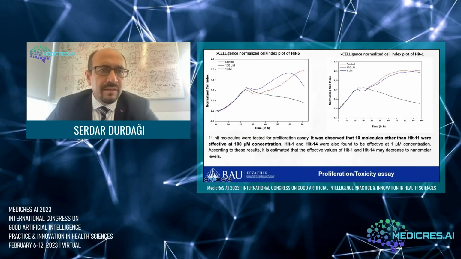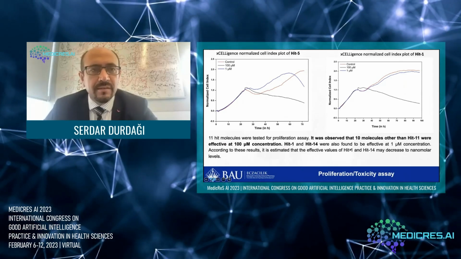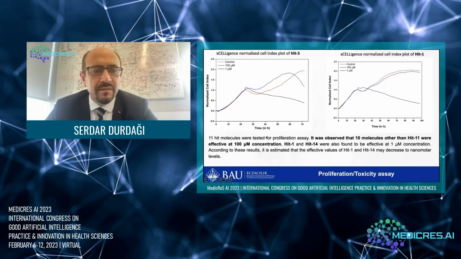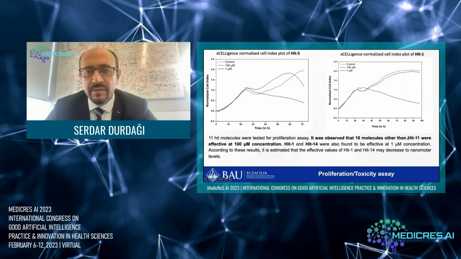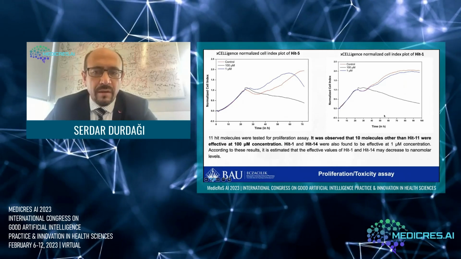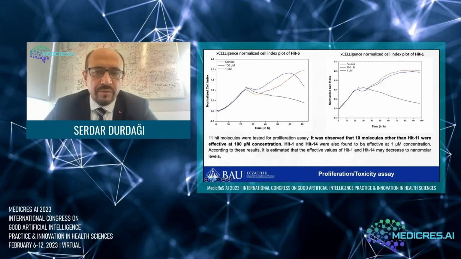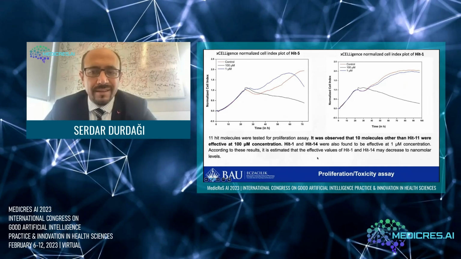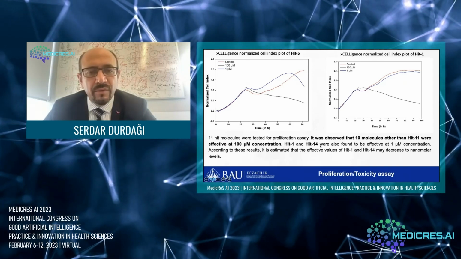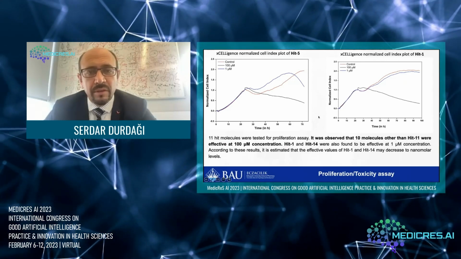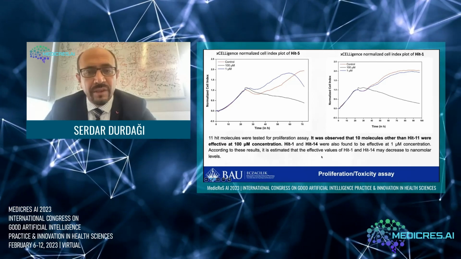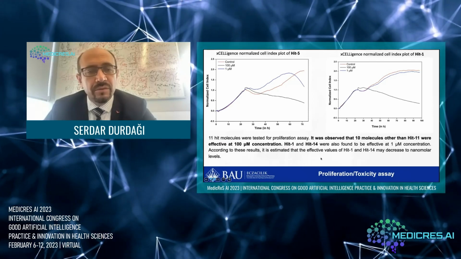We also checked the proliferation toxicity assays, and here you can see the result. 11 heat molecules were tested for proliferation assays, and it was observed that 10 molecules other than heat 11 were effective at 100 micromolar concentration, and especially heat 1 and heat 14 were also found to be effective at 1 micromolar concentration. According to these results, it's estimated that effective values of heat 1 and heat 14 may decrease to nanomolar levels.